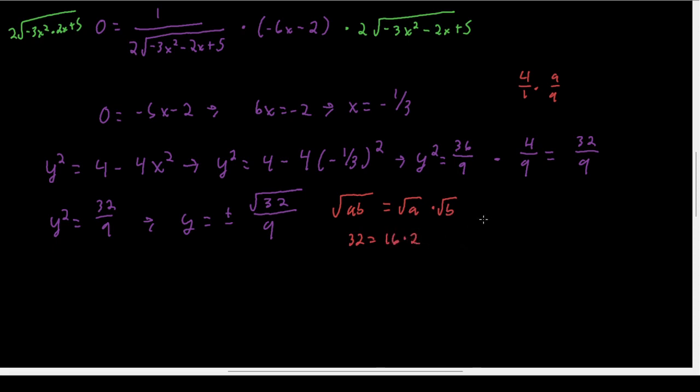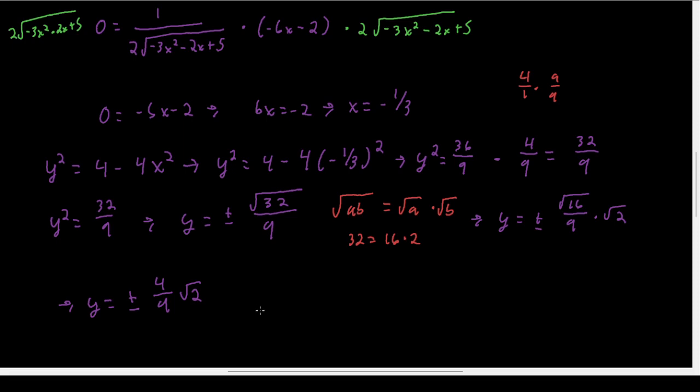So continuing our simplification, we get y is equal to plus or minus the square root of 16 over 9 times root 2. So that means y is equal to plus or minus 4 over 9 root 2.